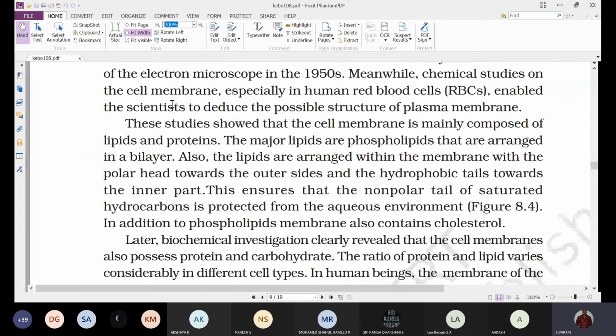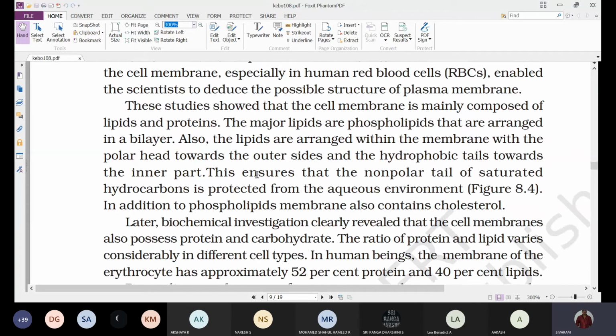So we see here that the major lipids are arranged in a bilayer, that means in two layers, with the polar heads towards the outer sides and the hydrophobic tails towards the inner part. This ensures that the non-polar tail of saturated hydrocarbons is protected from the aqueous environment.